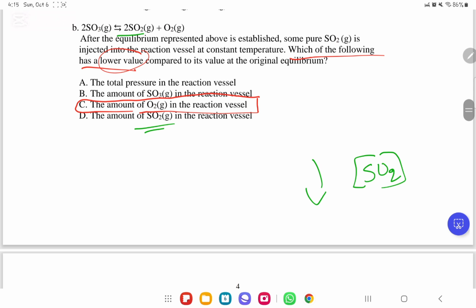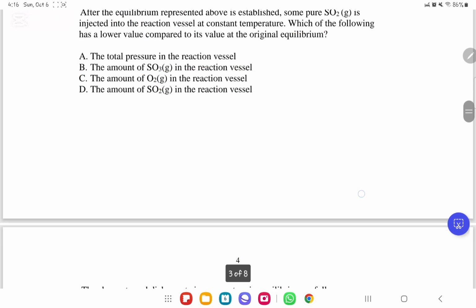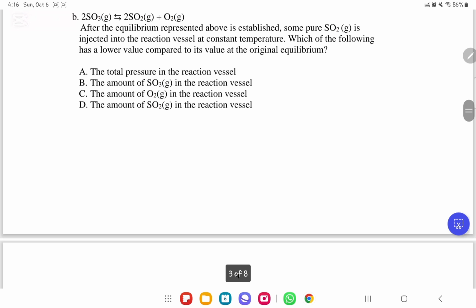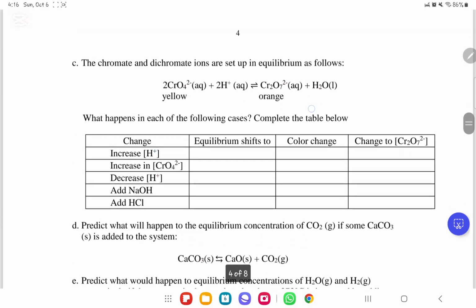Whereas O2, we didn't put more O2. So since SO2 is decreasing, then O2 will also decrease, so it will be less than the original. So the amount of O2 in the reaction vessel is the only thing that gets lowered. We don't have anything to do with pressure for now, so we're not going to do it.